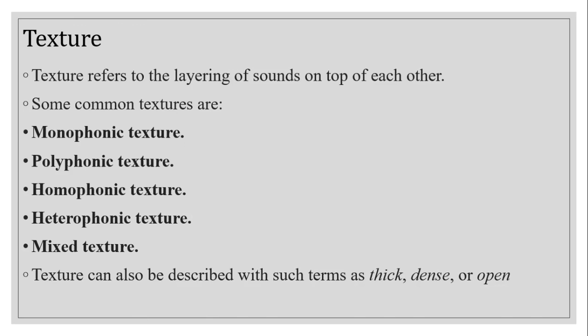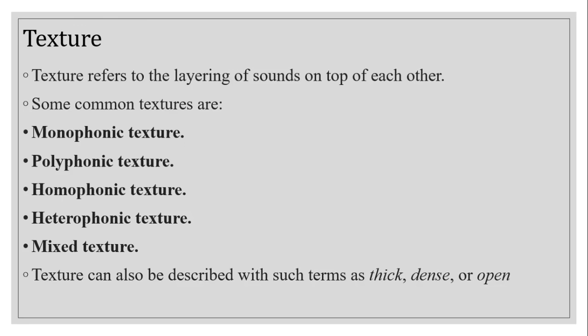Next is heterophonic texture. Now, what is that? It's basically 2 versions of the same melody which can be heard at the same time. And normally it's known as a plain melody and a variation that is played over the top.